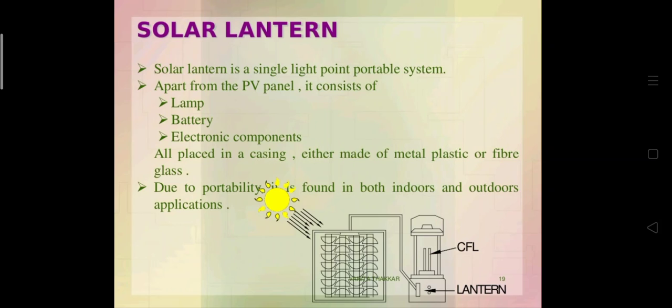Sunlight is incident on the solar panel system and is stored in the lantern, and this energy is converted into electricity. Using that electricity, the CFL bulb glows. This is used for outdoor and indoor purposes.